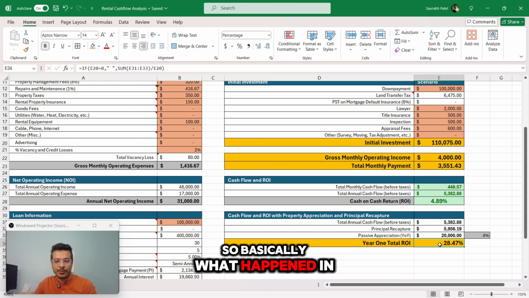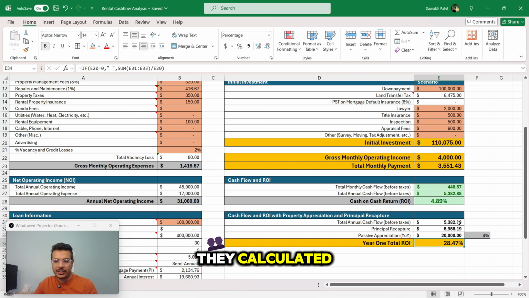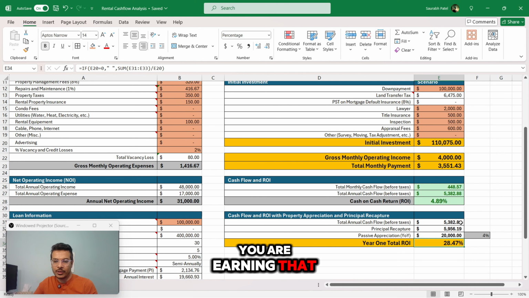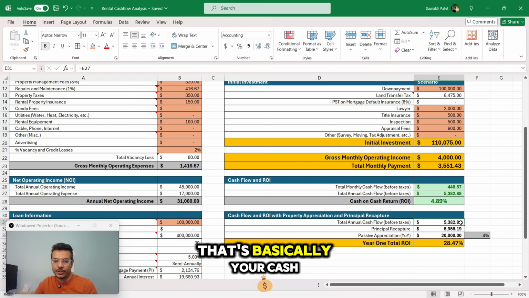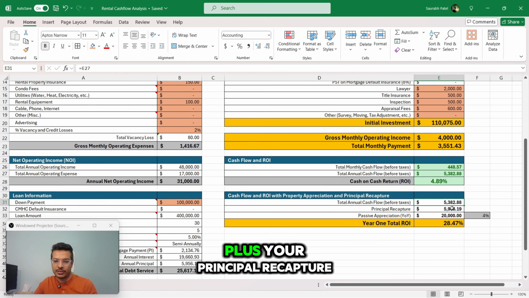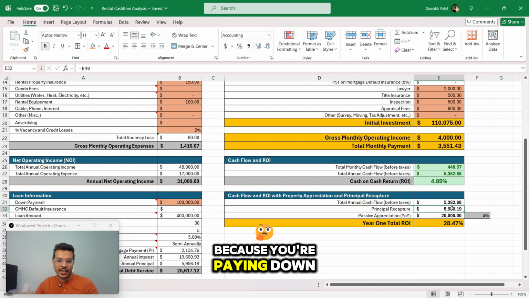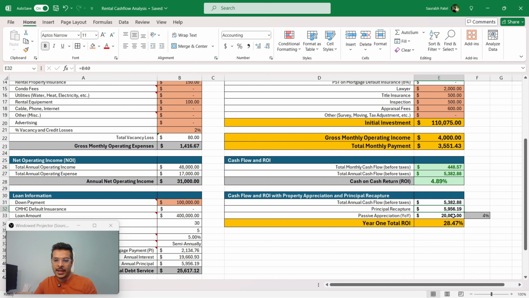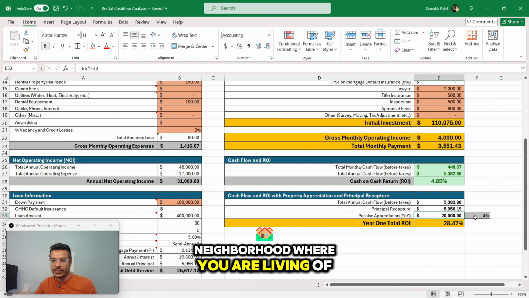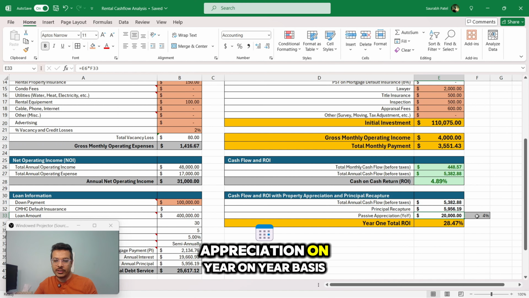So basically, what they do is calculate the total income that you are earning from that property. That's basically your cash flow from the property plus your principal recapture, because you're paying down your mortgage, so that's your equity that you build up with that property. And also the passive appreciation. They consider 4% or 5%, depending on the neighborhood where you're living, of property appreciation on a year-on-year basis.